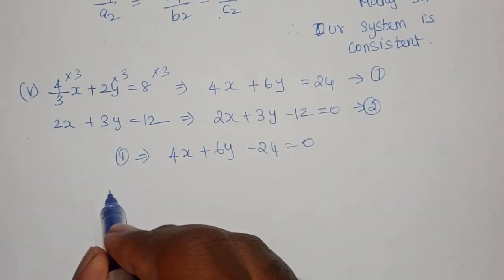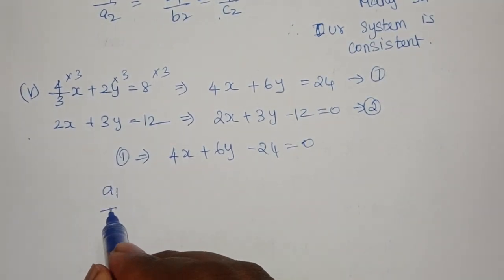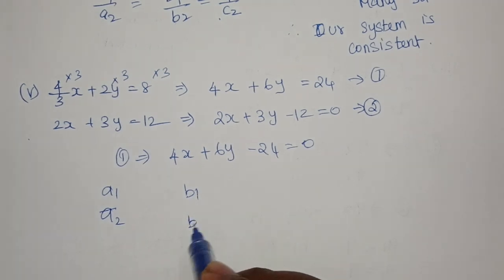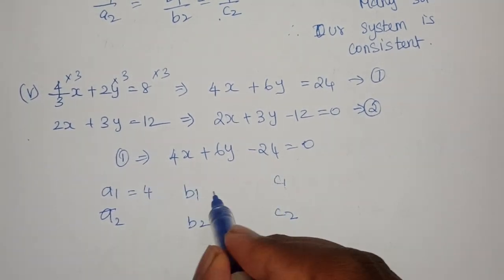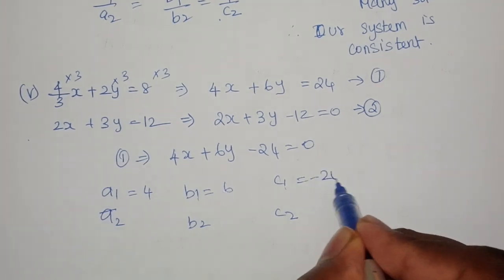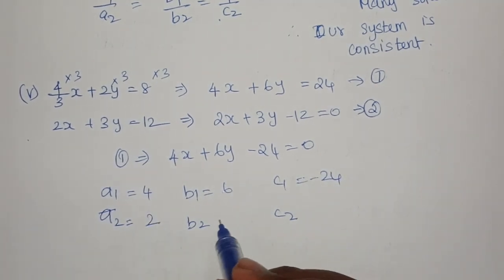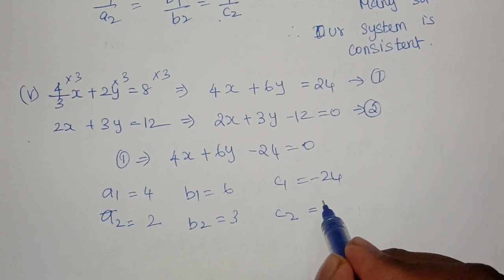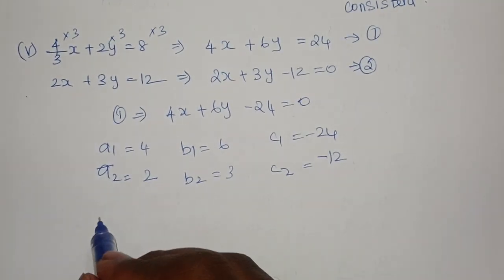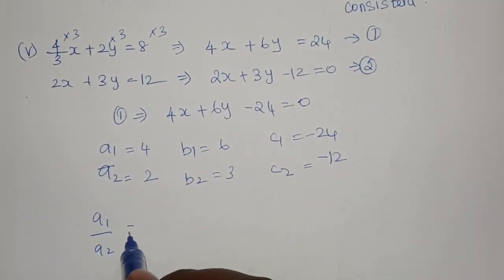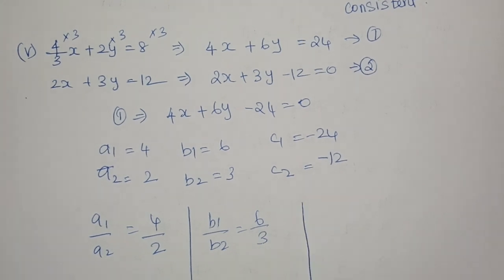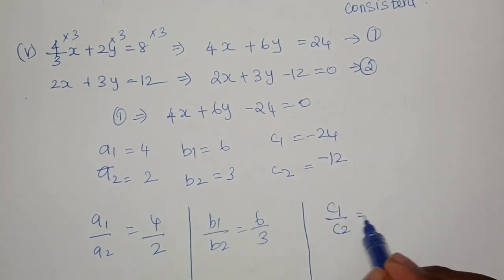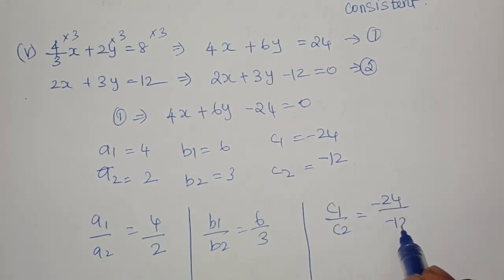Then a1, a2, b1, b2, c1, c2. a1 is 4, b1 is 6, c1 is minus 24. a2 is 2, b2 is 3, c2 is minus 12. a1 by a2 is equal to 4 by 2, b1 by b2 is 6 by 3, c1 by c2 is minus 24 by minus 12.